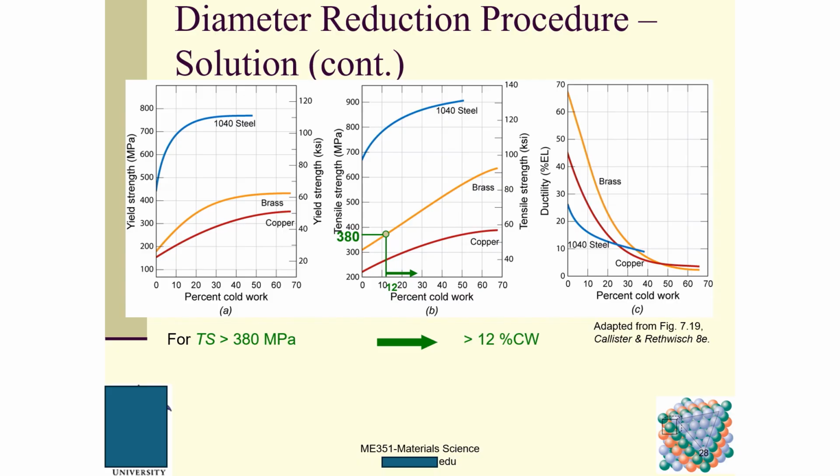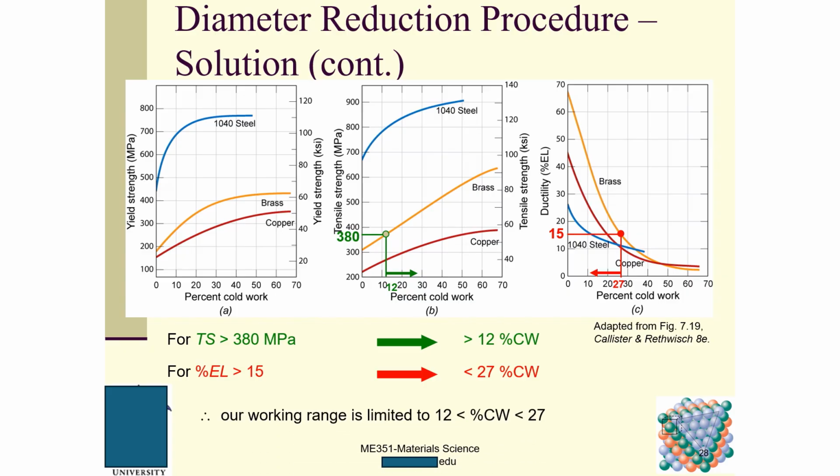This is for this brass. You can see here it must be greater than 12%. For elongation greater than 15, we can have less than 27%. So the working range is from 12 to 27%.